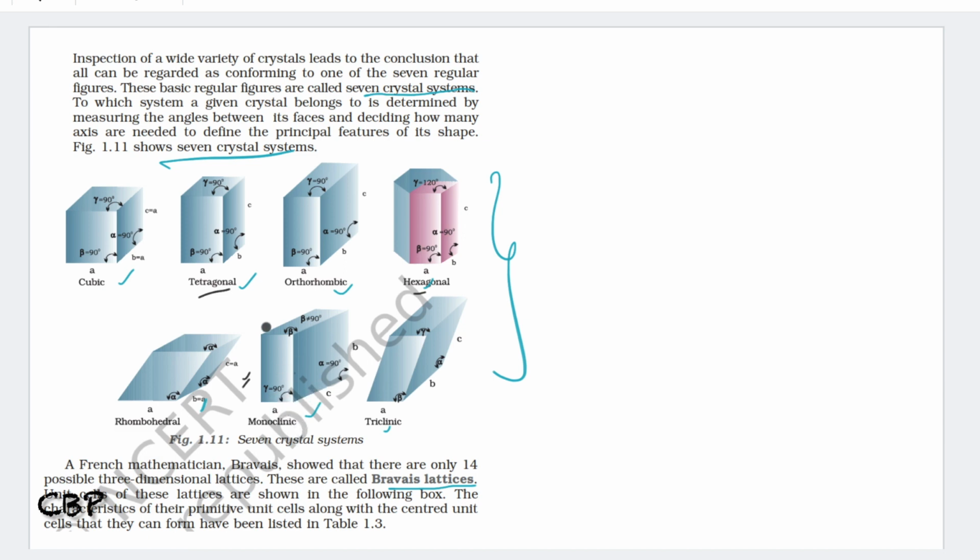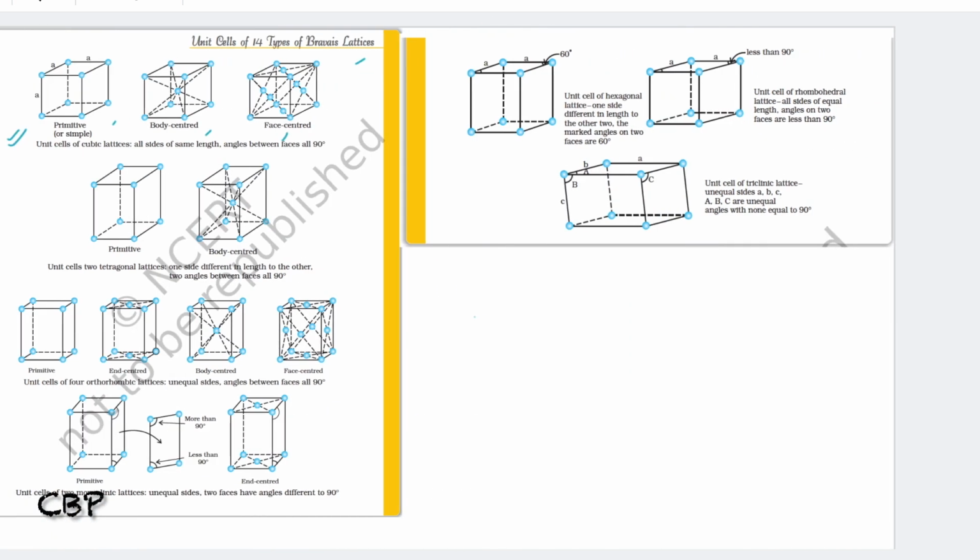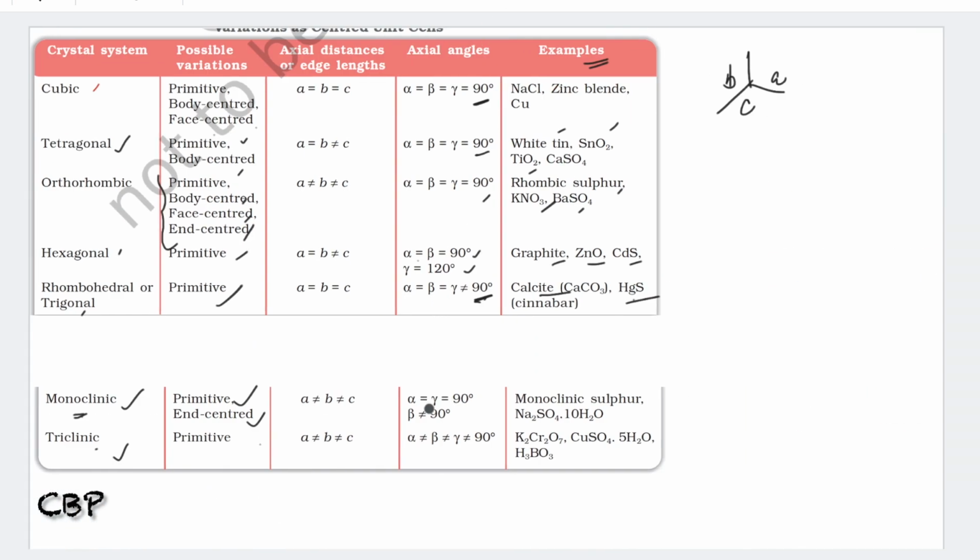Now angles: alpha is 90 degree, beta is not equal to 90 degree and gamma equals 90 degree. And the examples are monoclinic sulfur and sodium sulfate decahydrate, Na2SO4.10H2O. These are present in monoclinic form.